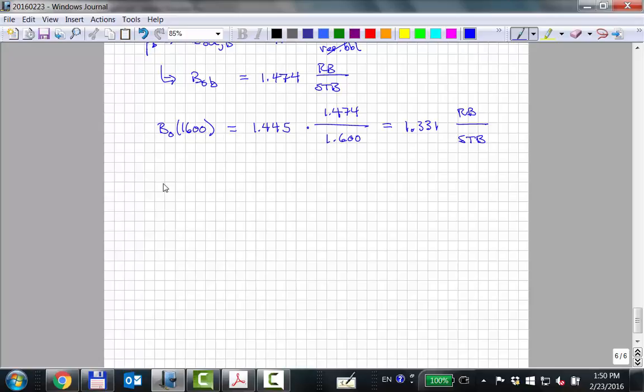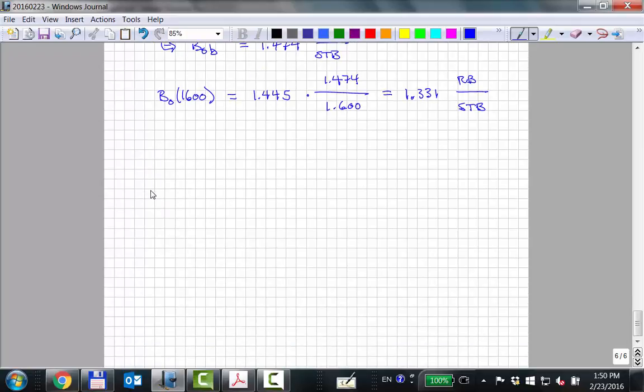So that's basically the bottom line: high temperature, low pressure moves components from the oil to the gas phase in general. So high temperature, low pressure is bad surface separation.